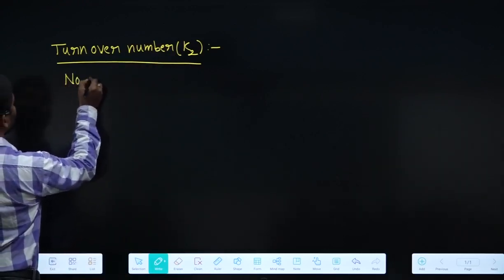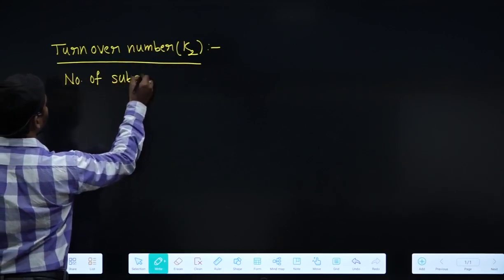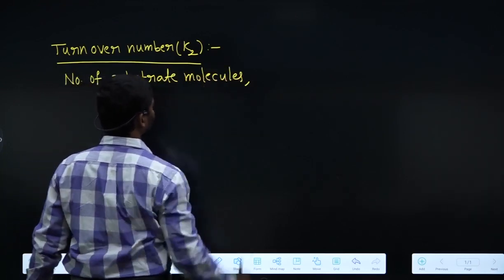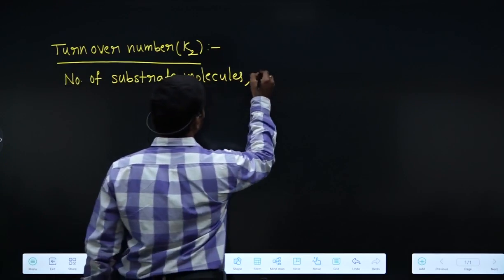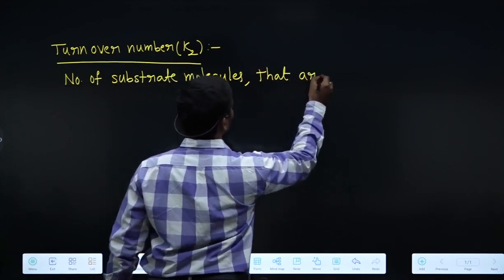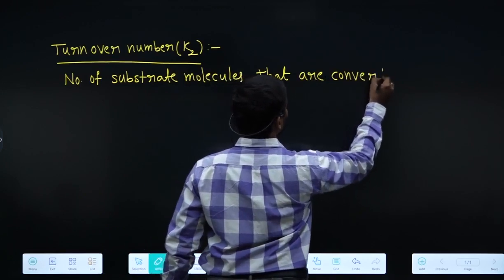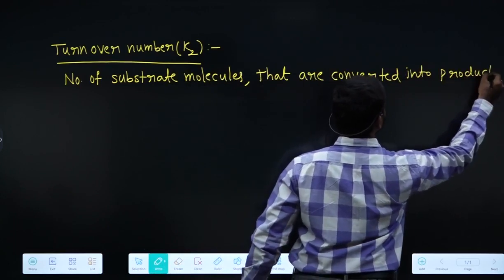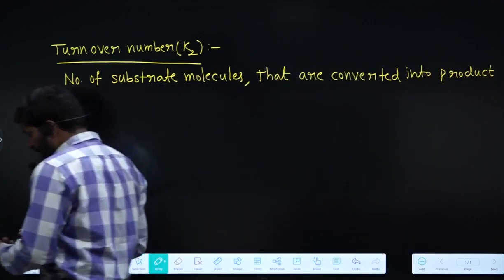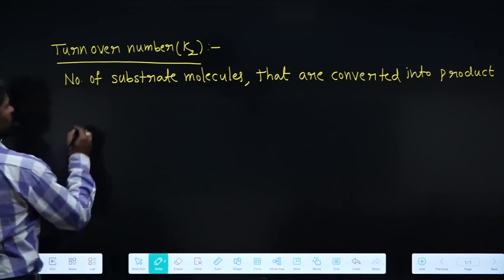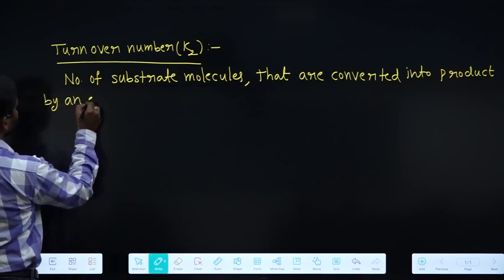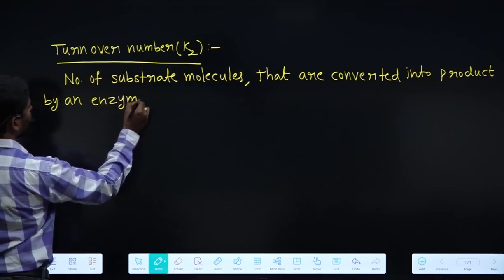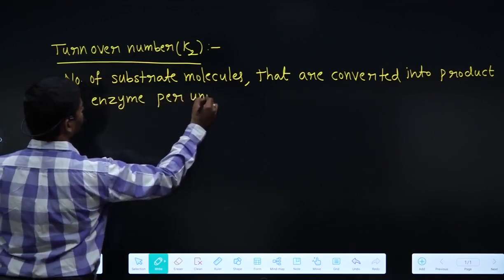Write the definition of turnover number. It is the number of substrate molecules that are converted into product by an enzyme per unit time, or in a given time.